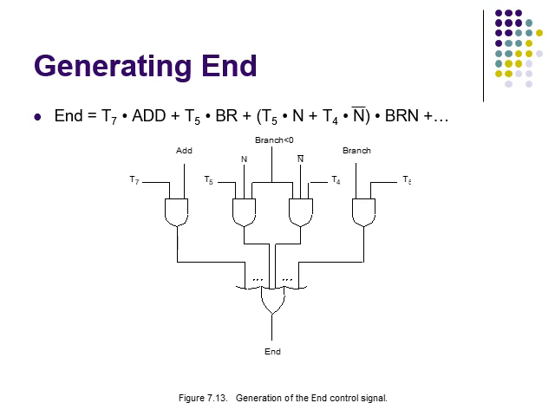The control hardware shown previously can be viewed as a state machine that changes from one state to another in every clock cycle, depending on the content of the instruction register, the condition codes, and the external inputs. The outputs of the state machine are the control signals.